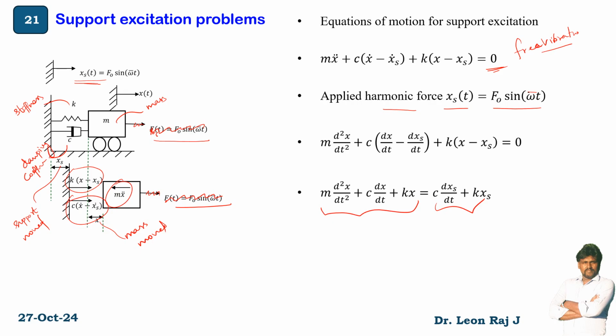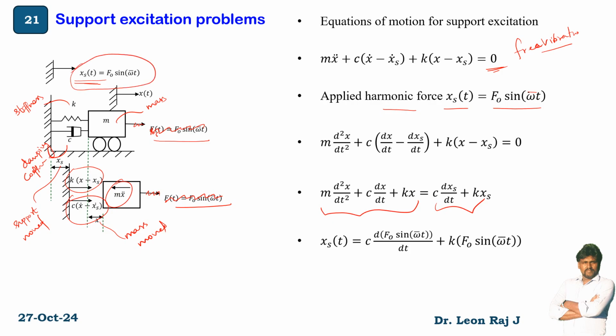So the support is excited. So your differential equation is rewritten as m into d square x by dt square plus c into dx by dt plus kx equal to c into dxs by dt plus k into xs. Here xs of t is nothing but f0 sine omega bar t.